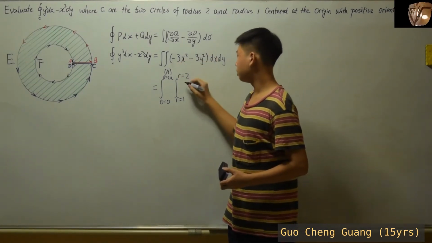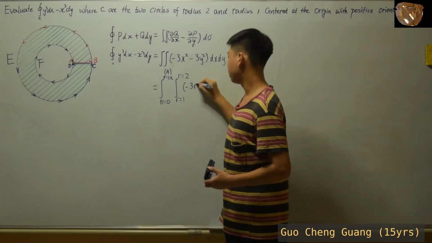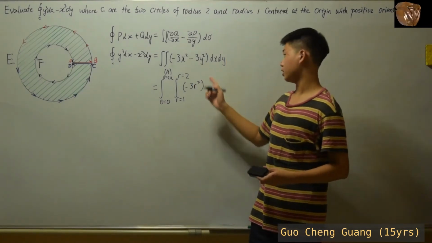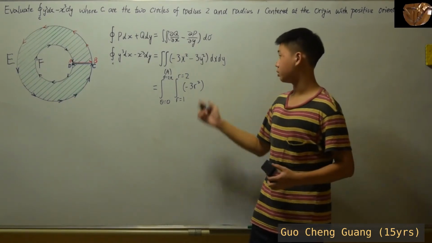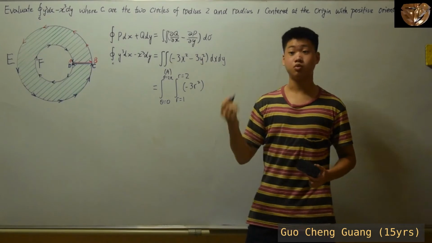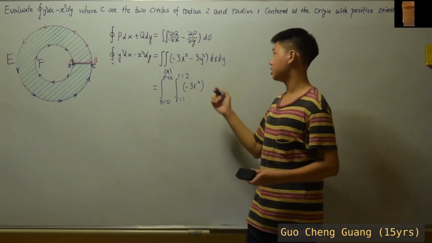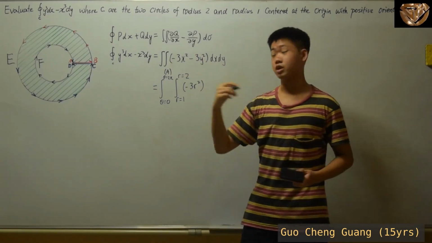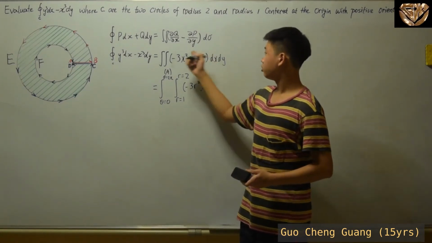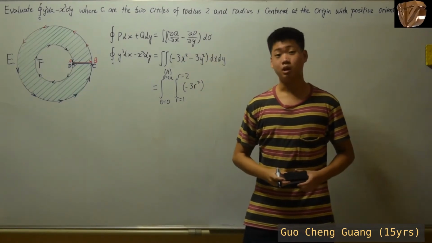So what happens here becomes negative 3r squared. That is if you can see it very directly. Otherwise, you might want to factorize your negative 3 first in order to see your x squared plus y squared. Or if you really can't see it, then change x into r cosine theta, y into r sine theta. Alright, so that is for the integrand of this double integration.